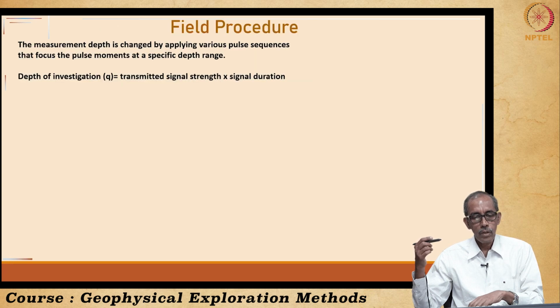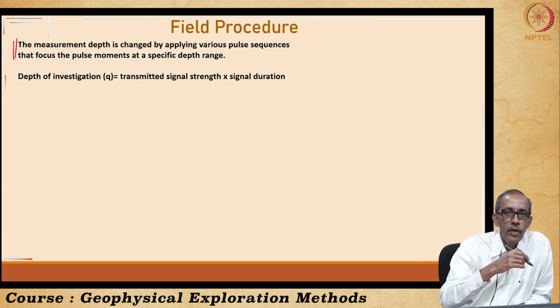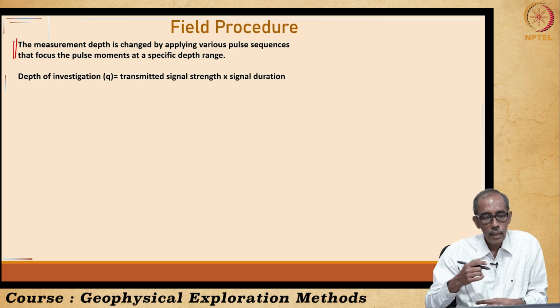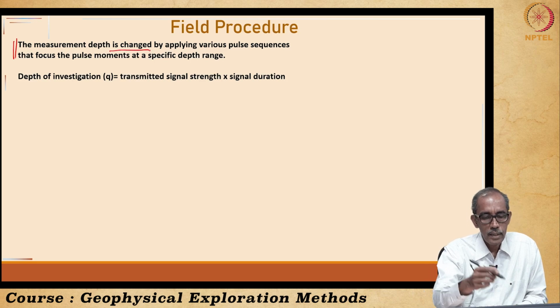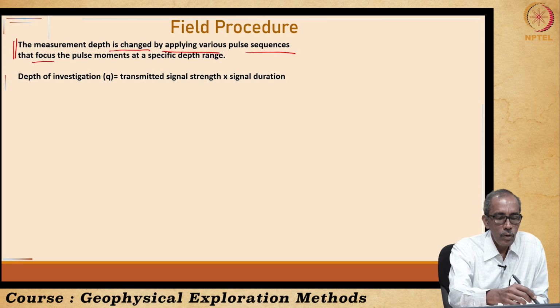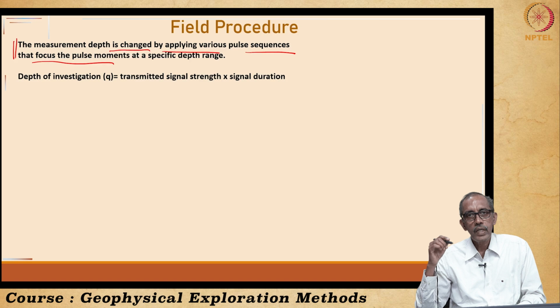So, what we are going to do is, in order to vary the depth of measurement, the measurement depth is changed. How are we able to change it? By applying different pulse sequences that focus the pulse moments at a specific depth range.